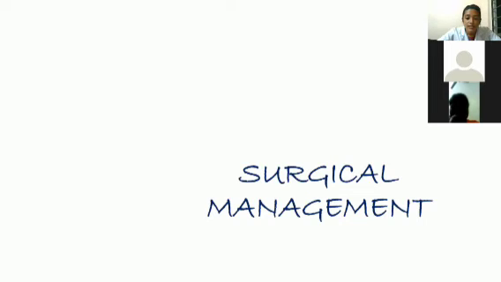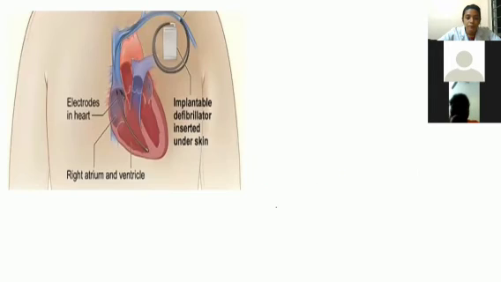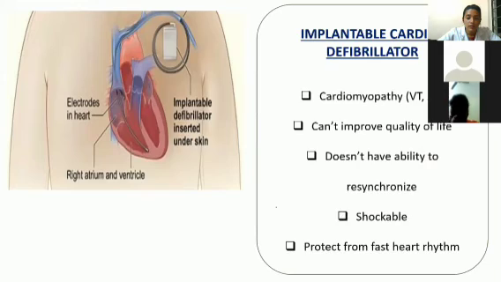Next is about the surgical management. Here you can see one of the surgical managements, the implantable cardiac defibrillator. In the image also you can observe this. The implantable defibrillator is inserted under the skin, like the pacemaker.